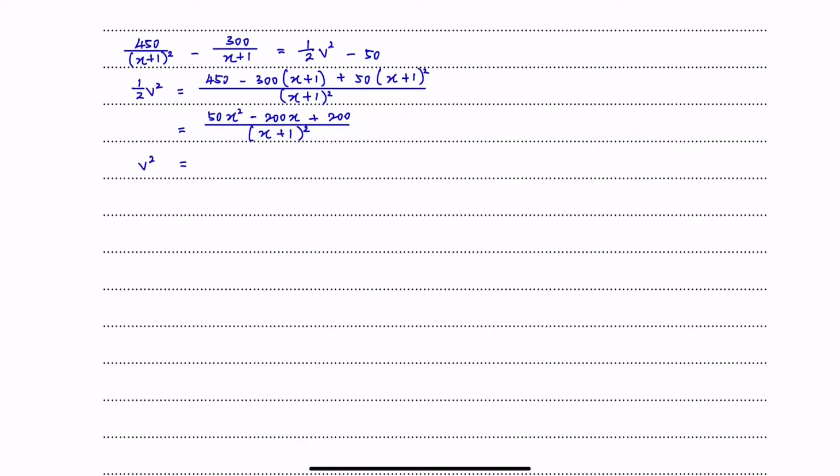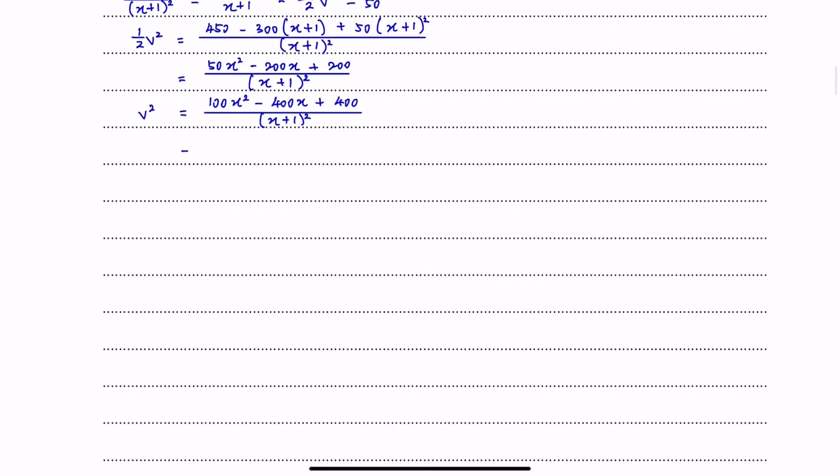v squared would be 100x squared minus 400x plus 400 over (x plus 1) squared.